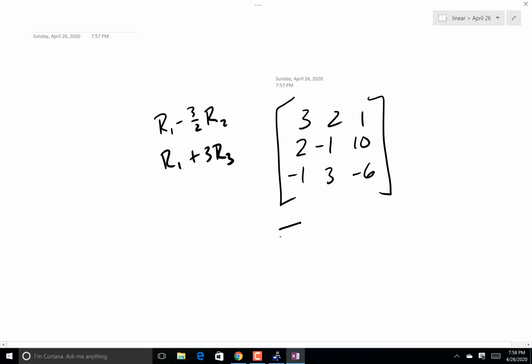And so when we did that, of course, we'll end up with zeros where we want them, but our answers are going to be slightly different this time. So 3 minus 3 is 0. And you're going to have 2 plus 1.5 is 3.5, which is 7/2, I think. And then you're going to have 1 minus 15, which would be negative 14.